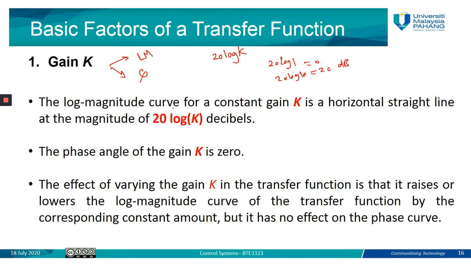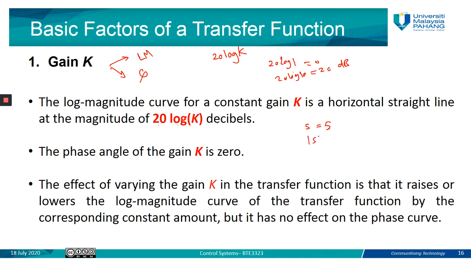Okay, so we are going to draw each element here alone, as a constant number or as a line with the value of 20 log in decibels. Then the angle of the constant number. If we have s equal to 5, for example, and we assume s is a complex number, we want to write s in the form of magnitude and phase.